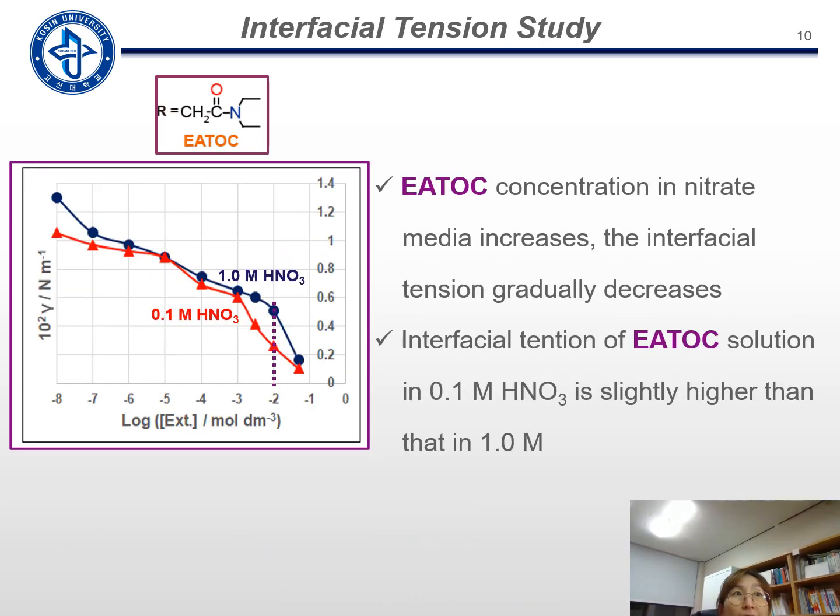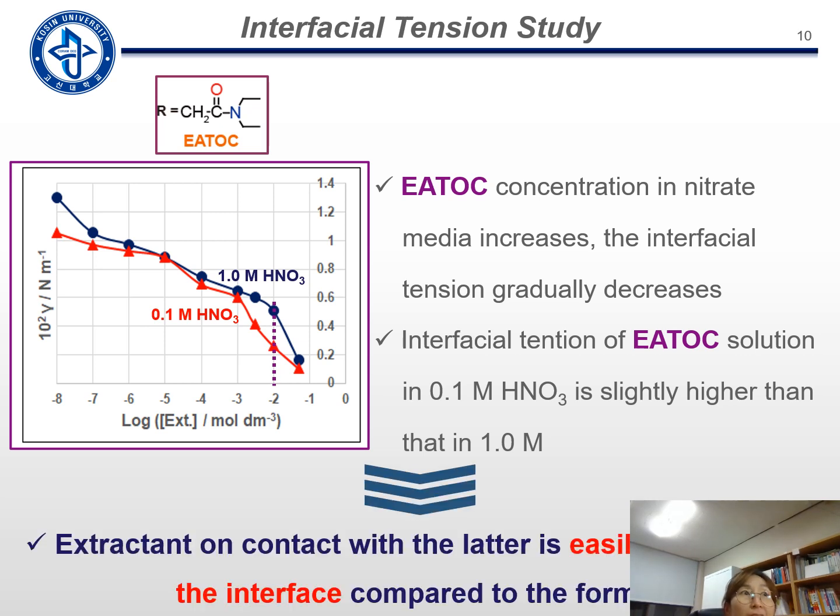Secondly, we conducted an interfacial tension study. As shown in this figure, as the EATOC concentration in nitrate media increased, the interfacial tension gradually decreased. Then, the interfacial tension of EATOC solution in 0.1 molar nitric acid is slightly higher than that in 1.0 molar nitric acid.